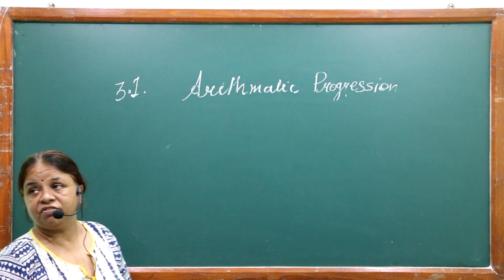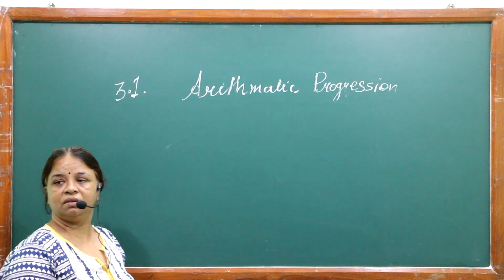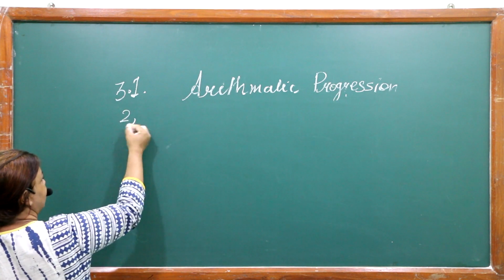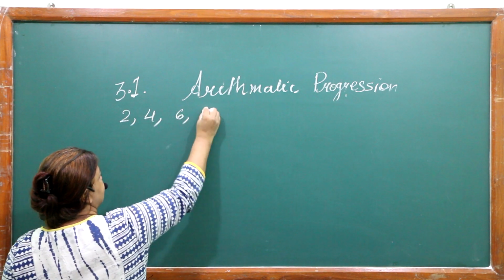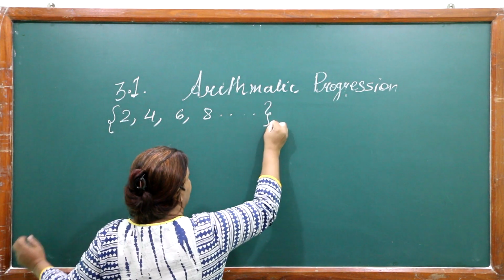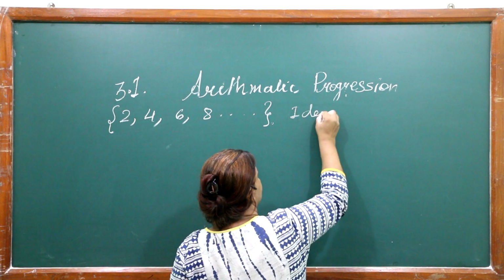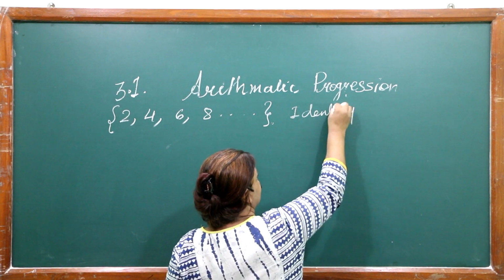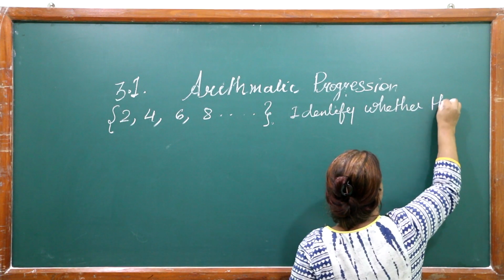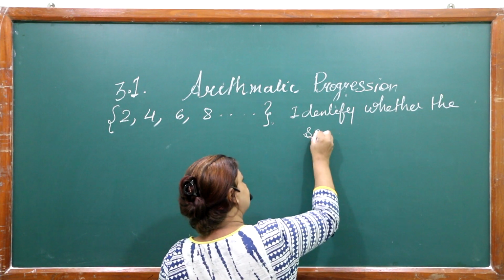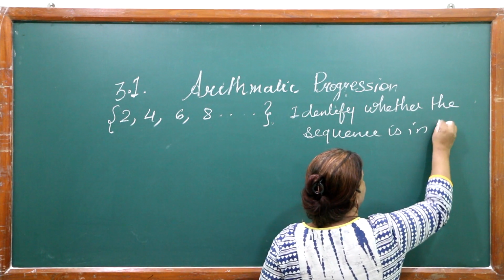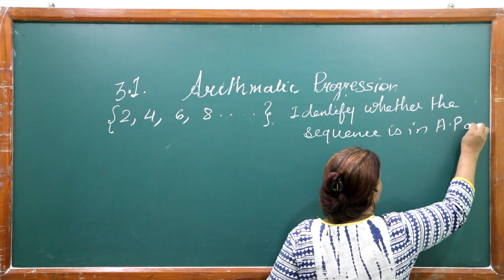Okay. The first sum is 2, 4, 6, 8, which I had written already. It says, identify whether the sequence is in AP or not.